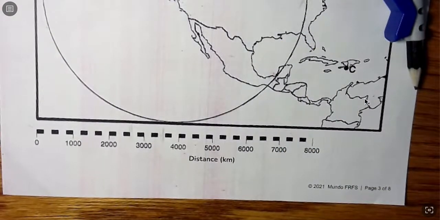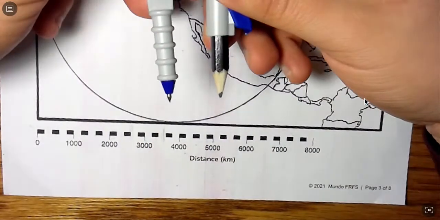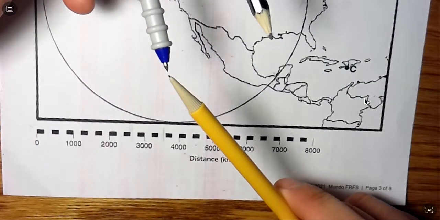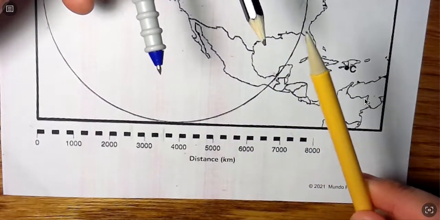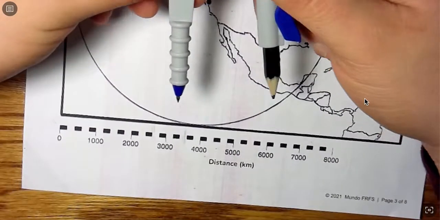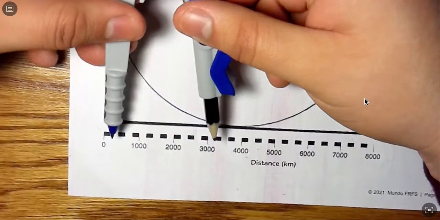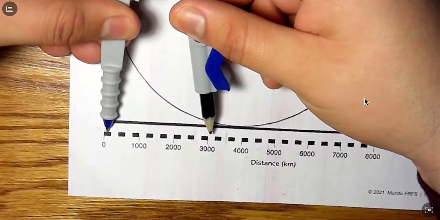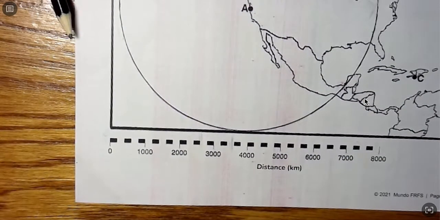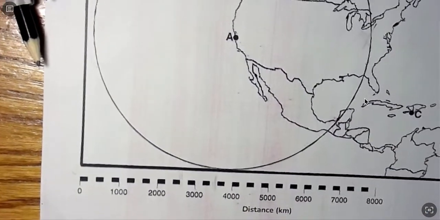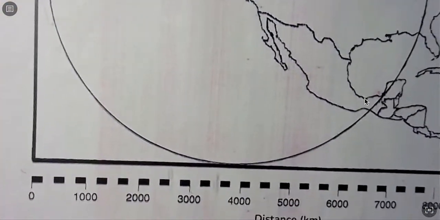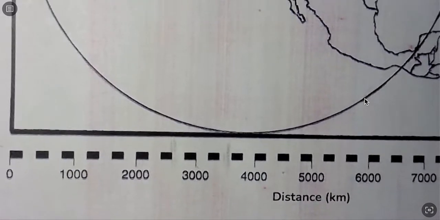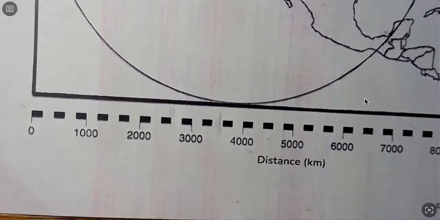So by using our compass, notice that the compass has two sides, the pointy part and it also has the pencil part. By putting the pointy part at the beginning at 0, we're going to start right there and we're going to extend it all the way to 3,600. If you want to make sure that you are doing this correctly, and I'm going to zoom in so you can see this much better, notice that 3,000 begins right here.